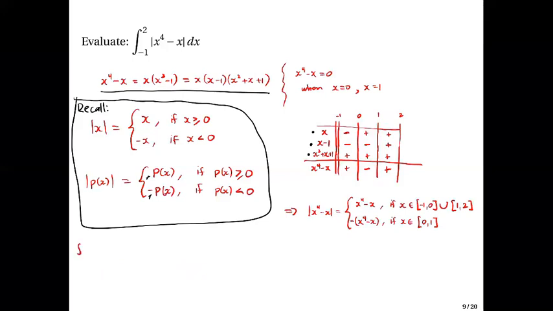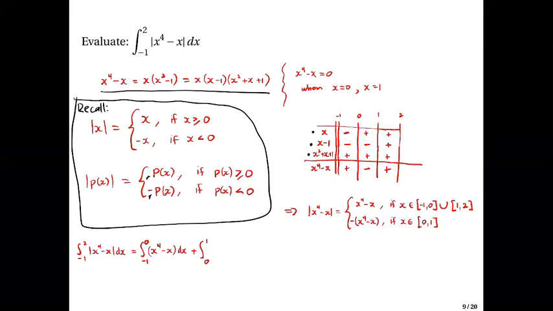the integral from -1 up to 2 of the absolute value of x to the 4 minus x dx will be equal to the integral. Let's start with -1 up to 0. On this interval, we use this. So we can remove the absolute value there, x to the 4 minus x dx. Plus, on the next interval, 0 to 1, we need to put the negative.